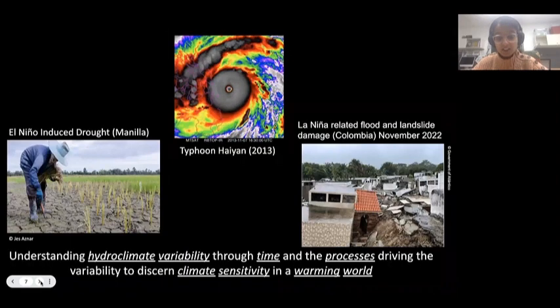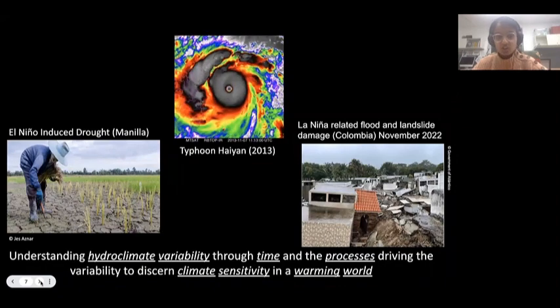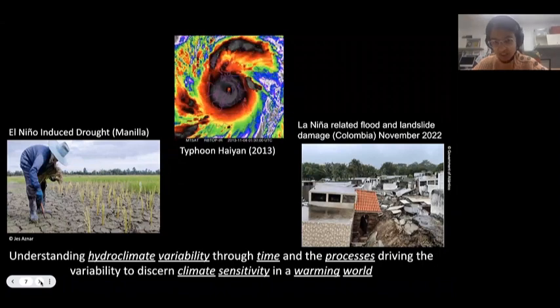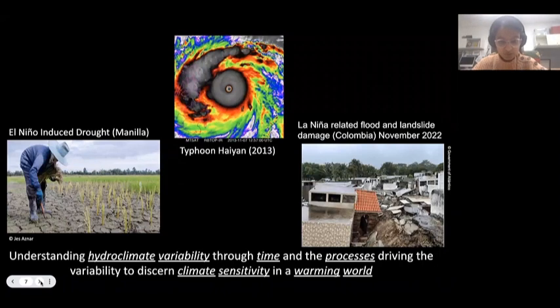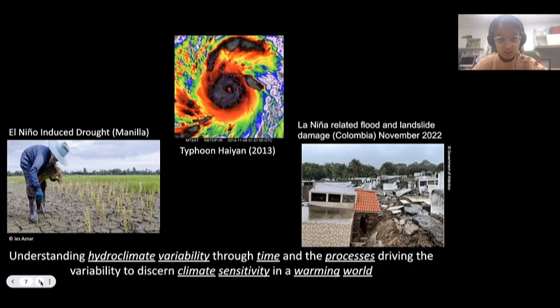I'm interested in understanding hydroclimate variability through time, and the processes that drive it, to discern climate sensitivity in a warming world. I think all of us here are familiar with the effects of El Niño and La Niña.